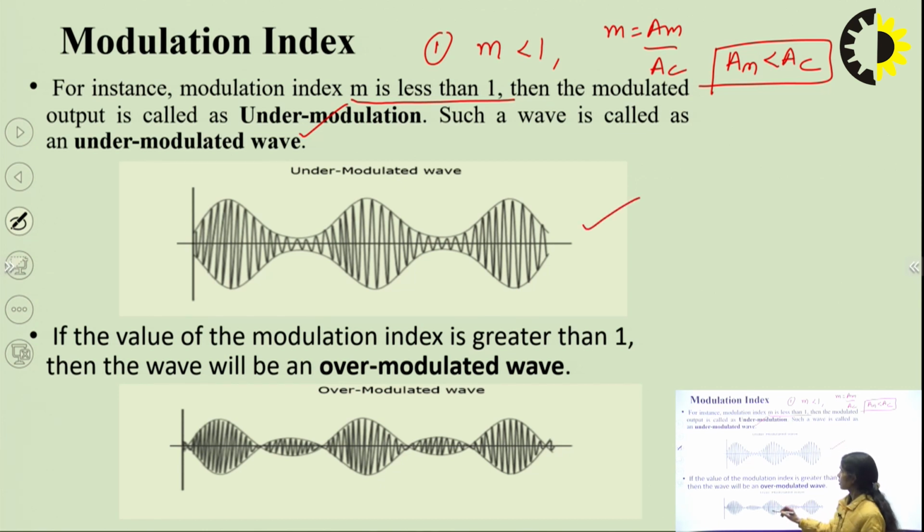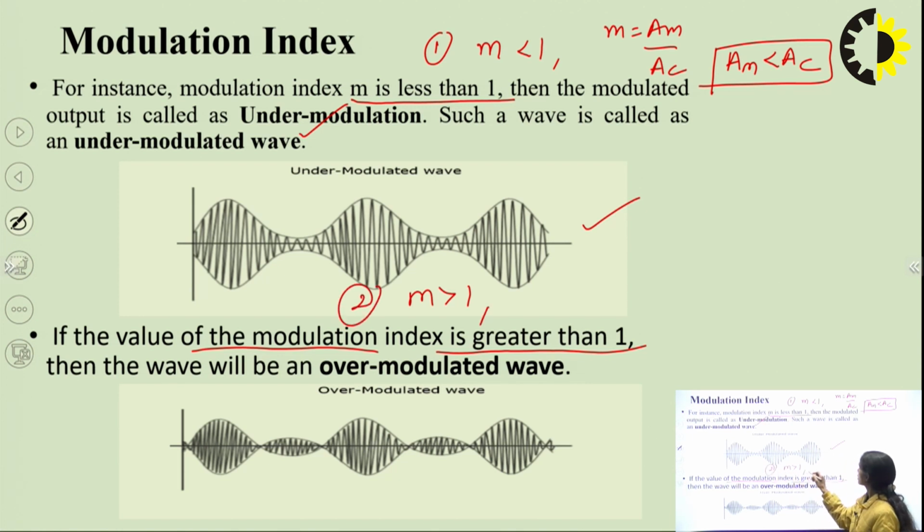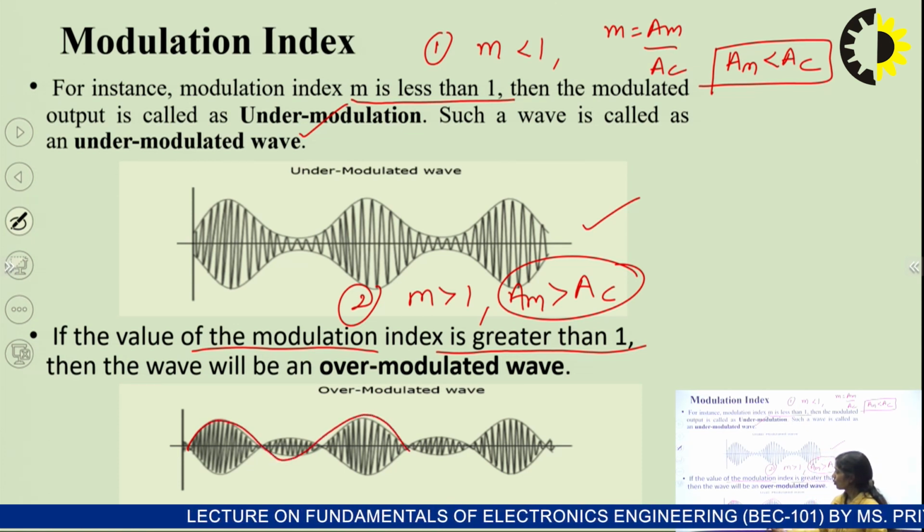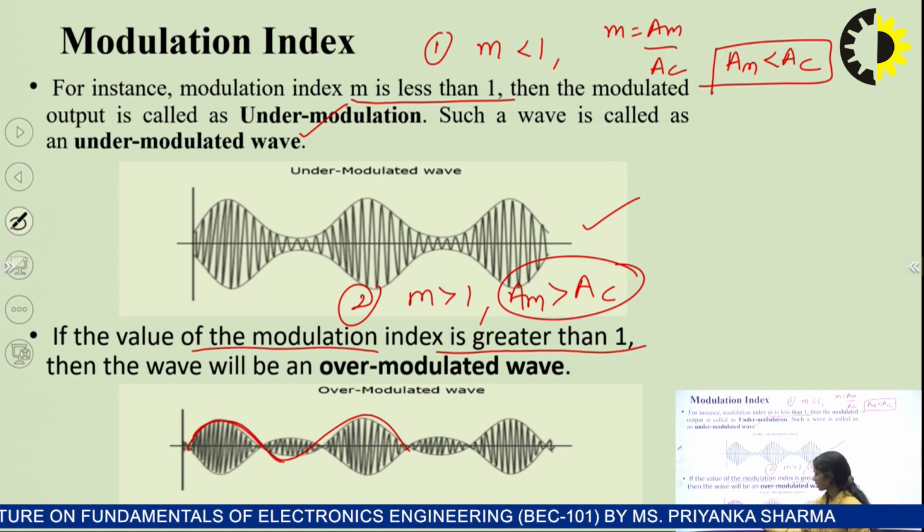Now next, let's suppose the modulation index is greater than 1. If m is greater than 1, this is the second case, and in this case Am is greater than Ac. If Am is greater than Ac, it will overlap into the other signal, or cross the axis.